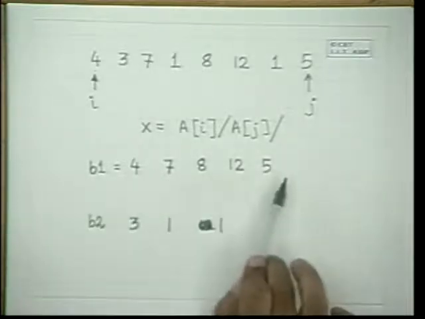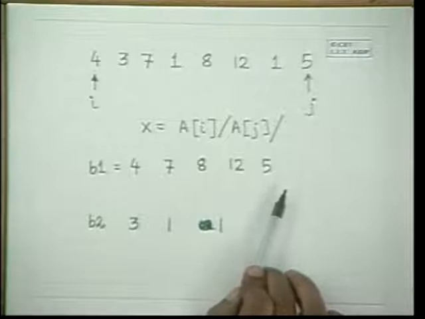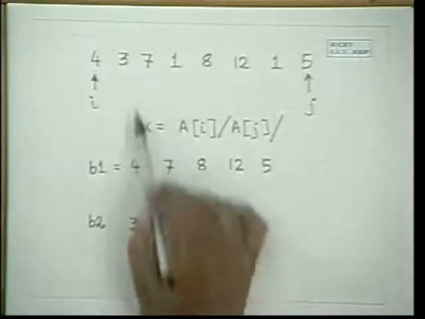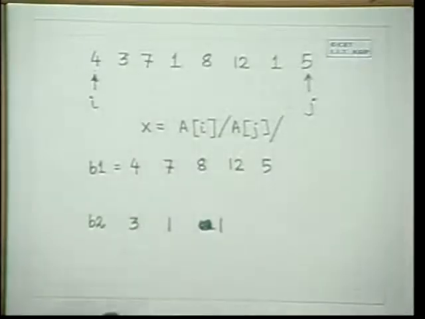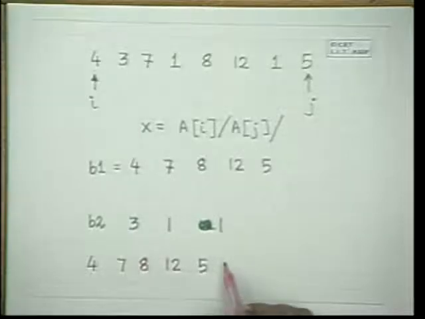After having done this, now what do we do? We put back these elements back into the array A. And we put it like this. We put 4 here. So first we put back 4, then 7, then 8, then 12, then 5, then 3, then 1, then 1.